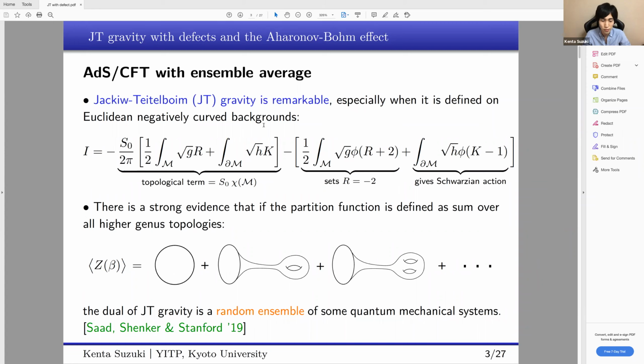The first part basically corresponds to the Einstein-Hilbert action. But as you know, the Einstein-Hilbert action in two dimensions is just topological.